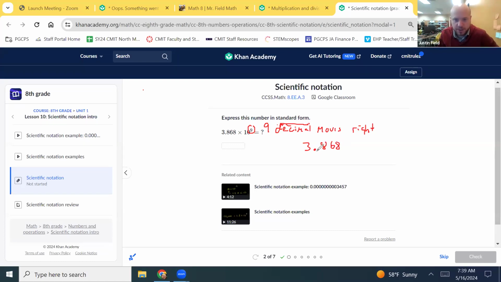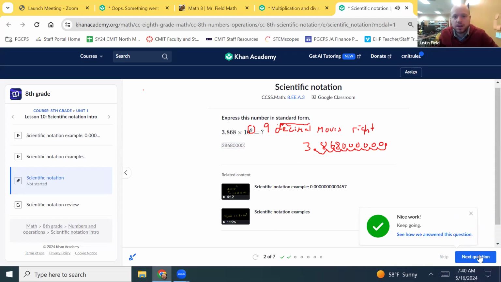So I'm going to move it 9 spaces to the right. 1, 2, 3, 4, 5, 6, 7, 8, 9, and I'm going to put it right there. And for every empty space, what do you think I'm going to put? I am going to put a 0. And that's it. Then I'm done. So how many zeros is that? 1, 2, 3, 4, 5, 6. I'm counting 6 zeros here. There you go.